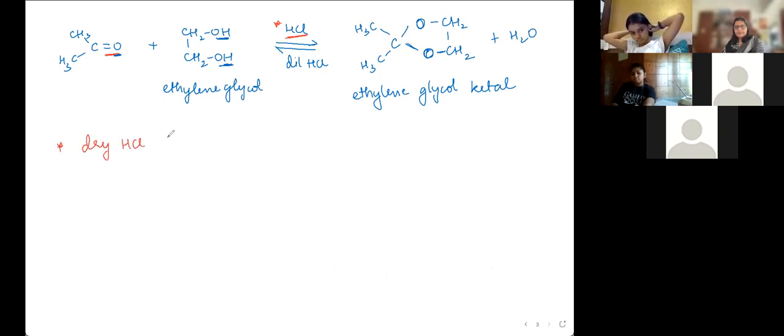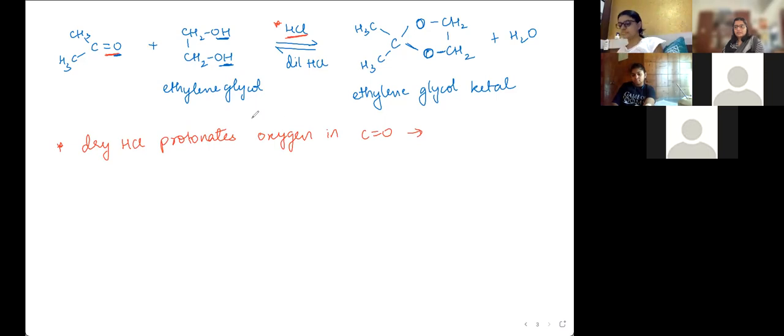So the dry HCl protonates the oxygen in C double bond O, and this increases the electrophilicity of the carbon, so it becomes more attractive to a nucleophile.